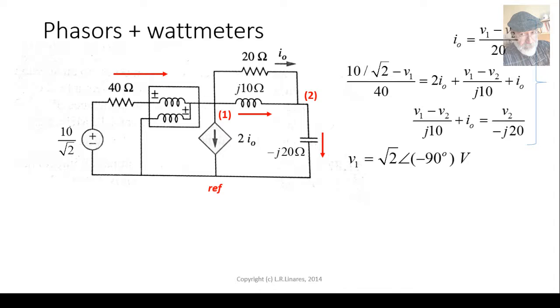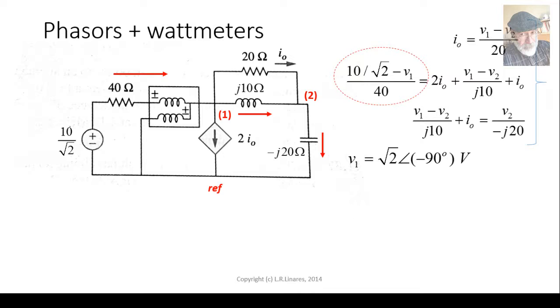We solve them, and we get that V1 is root 2 with negative 90 degrees. Those are volts. Okay, so we have that voltage there, which is the voltage seen by the wattmeter. We only need the current that goes through the wattmeter now.